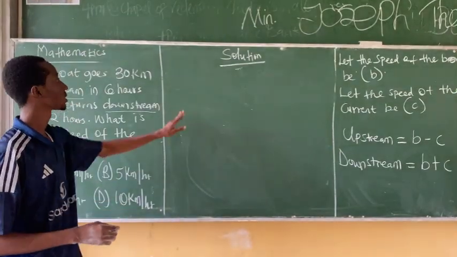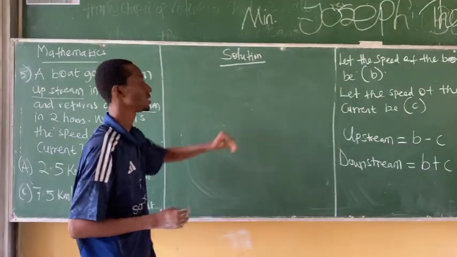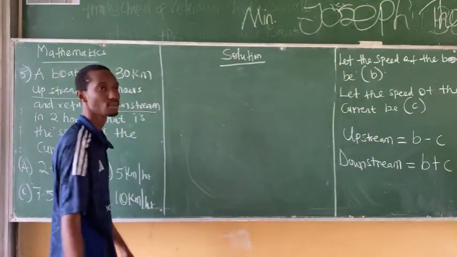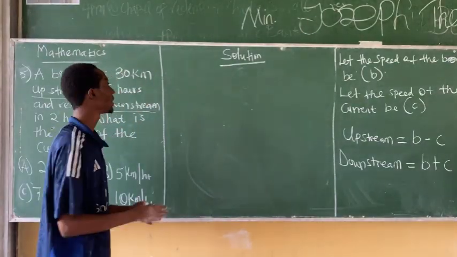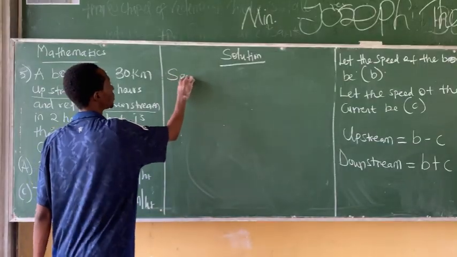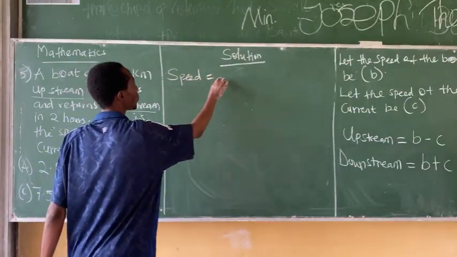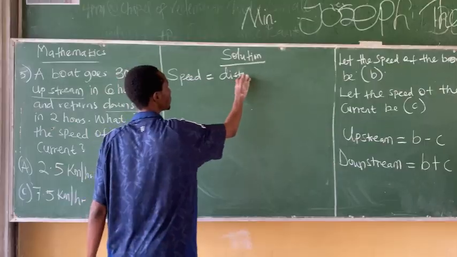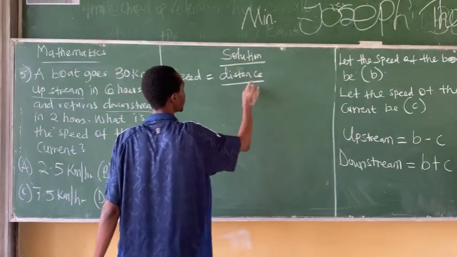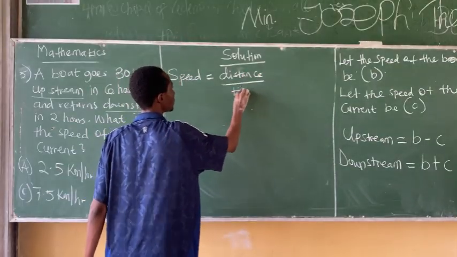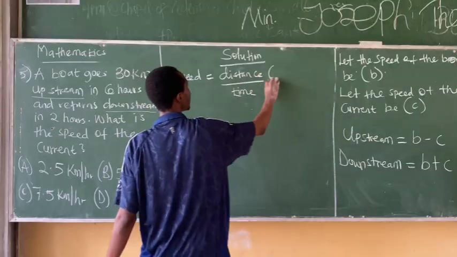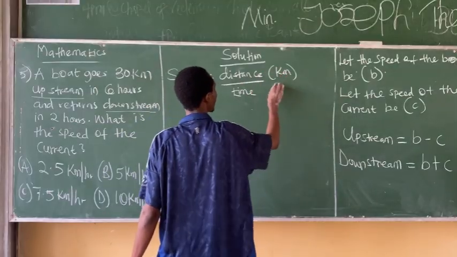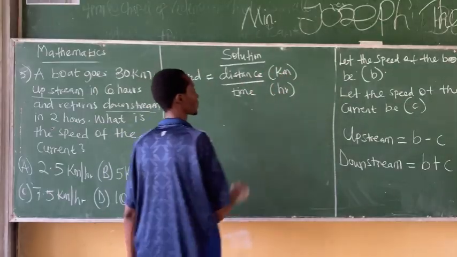Also note that distance is given. Also note that speed is equal to distance over time. Here, distance is in kilometers and time is in hours.